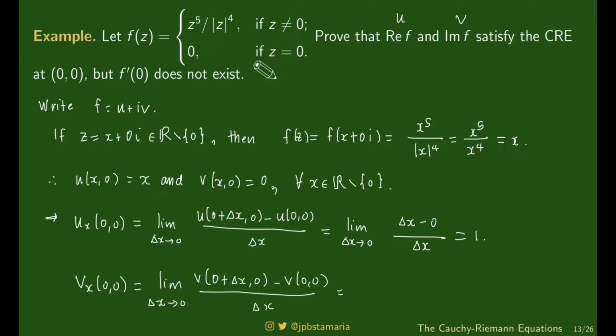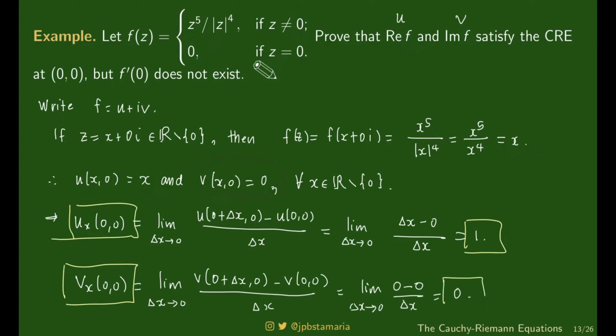Sorry, I made a mistake, it is v. But what is v of delta x comma 0? It is always 0. So this is the limit of 0 minus 0 over delta x. This is 0. So we got these: this one is 1, and this one is 0.